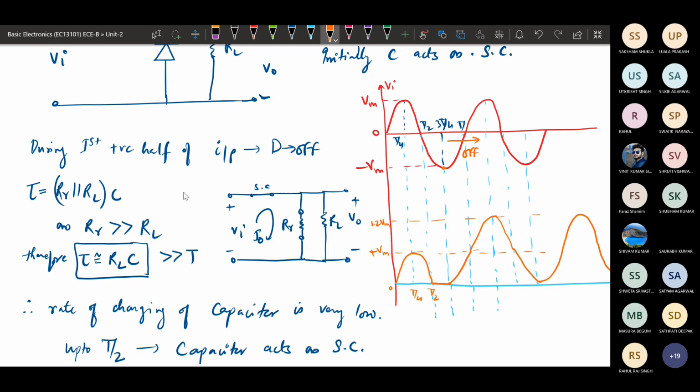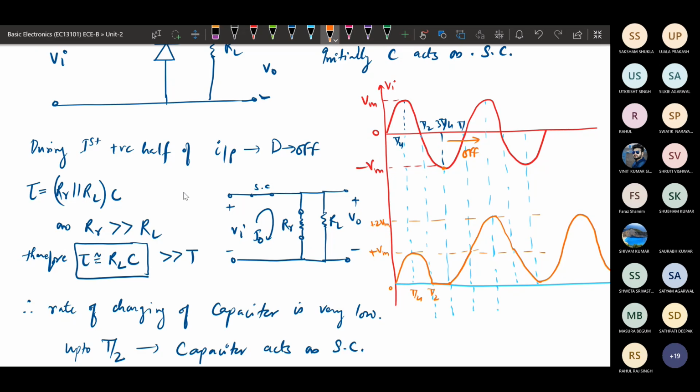As the input waveforms are coming out to be here, with respect to that, the output waveform that we will be getting is Vm shift in the positive half. This complete waveform you can see from beyond this 3T/4 time period.